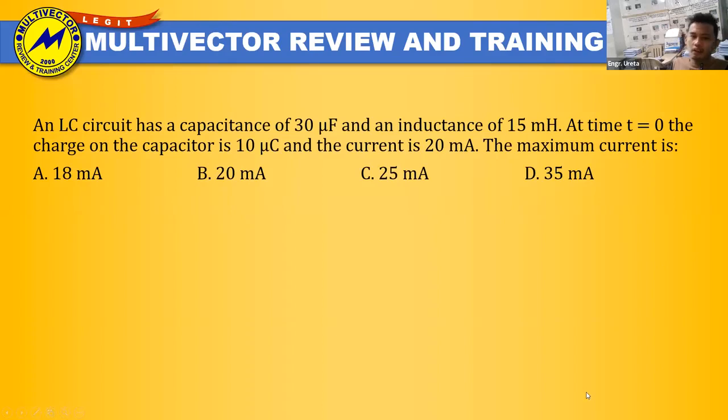At time t equals 0, the charge on the capacitor is 10 microcoulomb and the current is 20 milliampere. What is the maximum current? So ang ipagsusolve pa rin natin, law of conservation of energy. The work done ng inductor at capacitor should be constant. So WL1 plus WC1 should be equal to WL2 plus WC2.